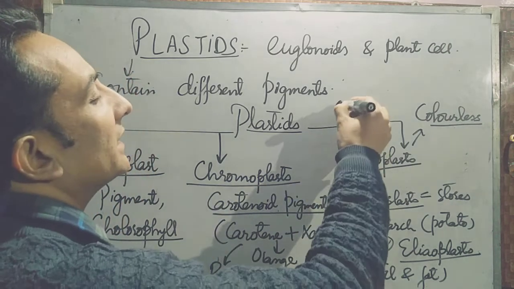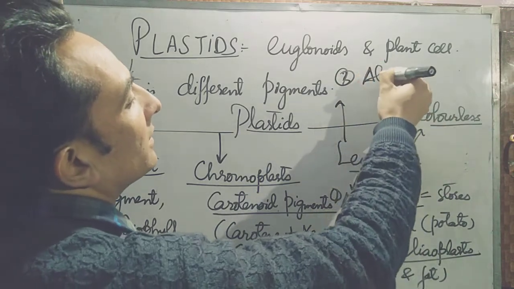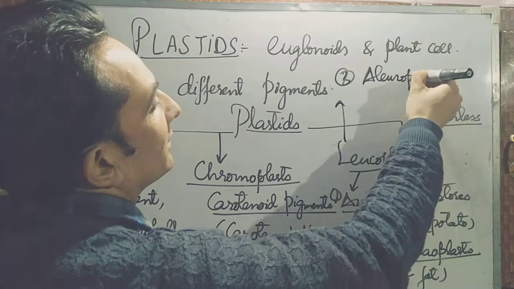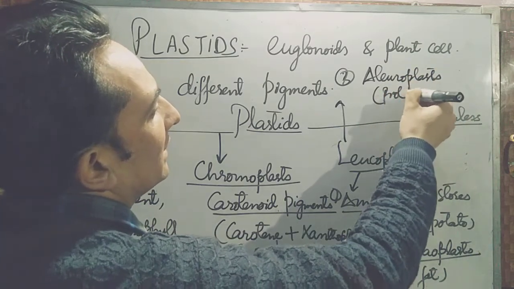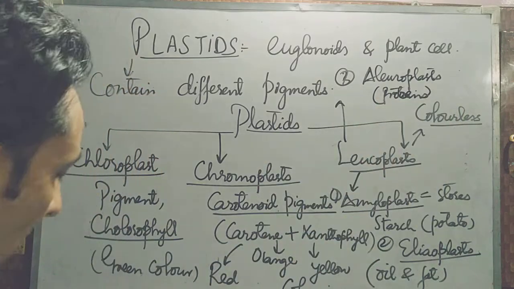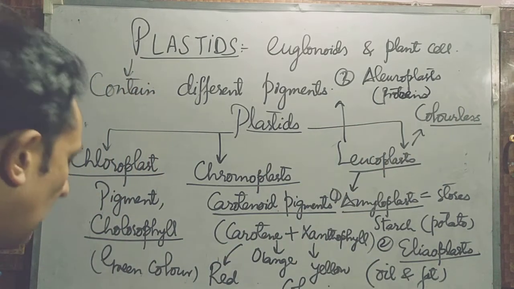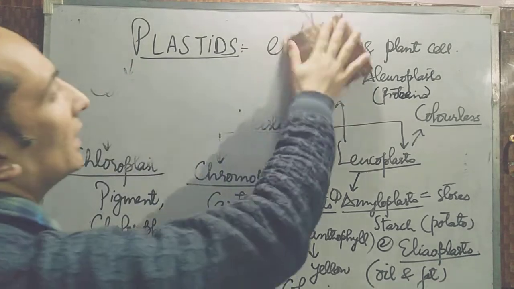Then there's another category, the aleuroplasts, which store proteins. So this is briefly about what plastids are and their different types. Hope you have understood this content.